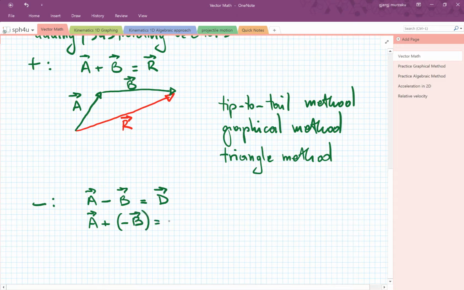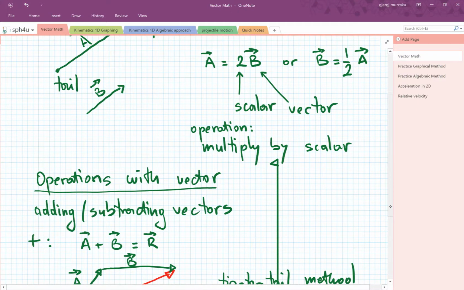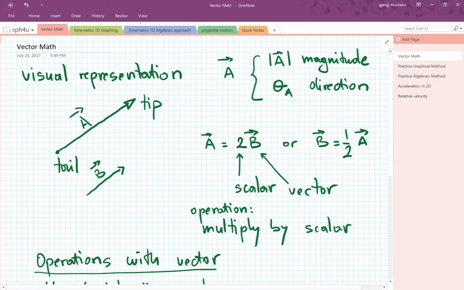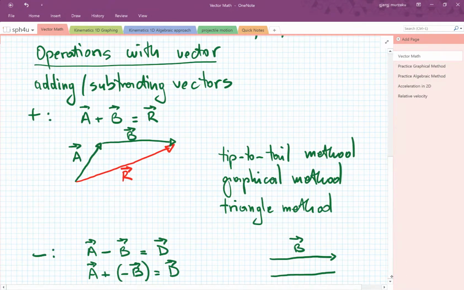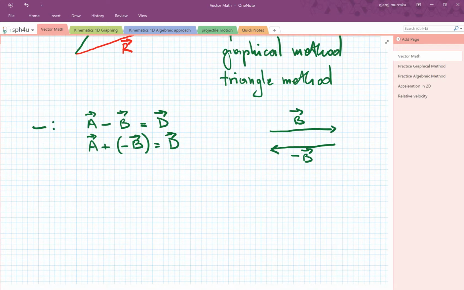The opposite of B. Now, what do you think is the opposite of B? Well, if this is vector B, and I'm sure that you've guessed it right by now, this is the opposite. So to cut it short, how do we subtract vectors?